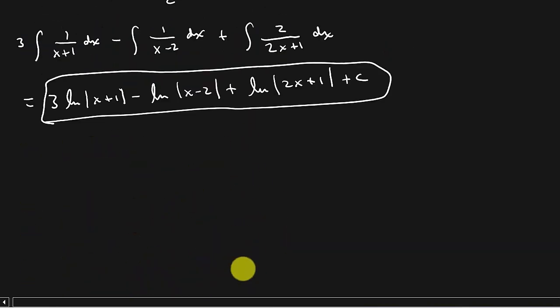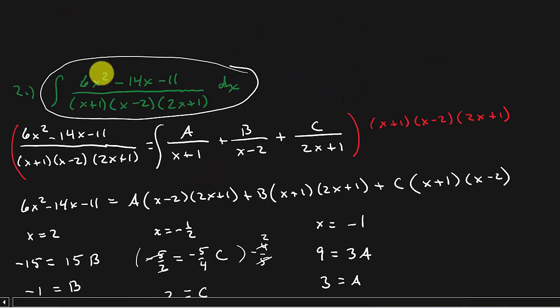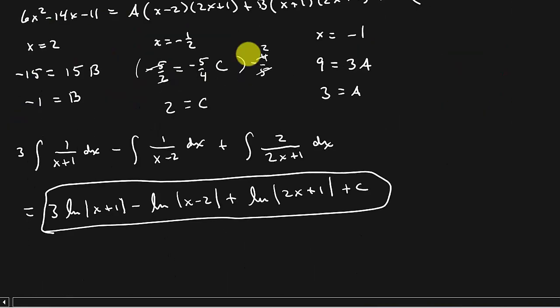For instance, this problem that we just worked, see how the largest exponent in the numerator is 2, and the largest exponent in the denominator, if we multiplied all of these out, would be x cubed. That's what you've got to have.